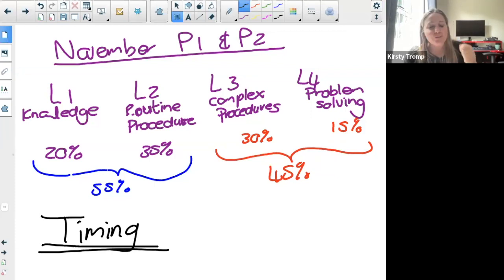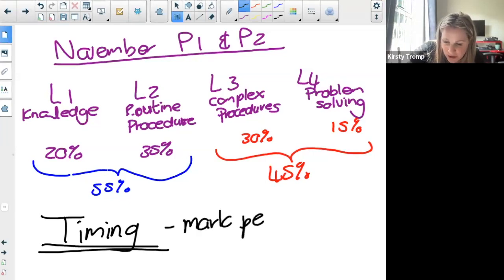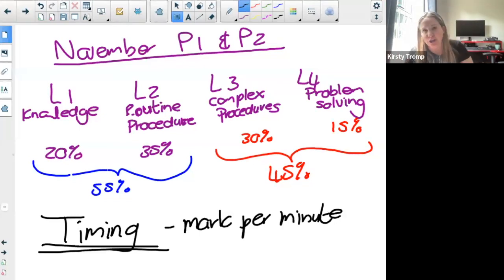I am sure that you have heard it before from teachers. Mark per minute. I know with my students, I say it over and over and over again, especially when it comes to exam time. I talk about it all the time. Mark per minute. I go on and on, and my students actually get so mad with me. But mark per minute is so important.